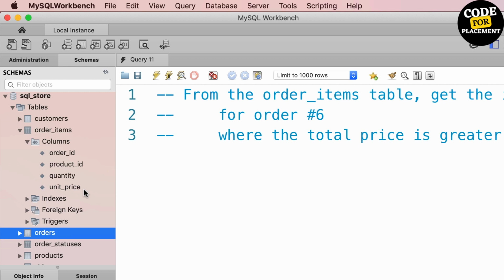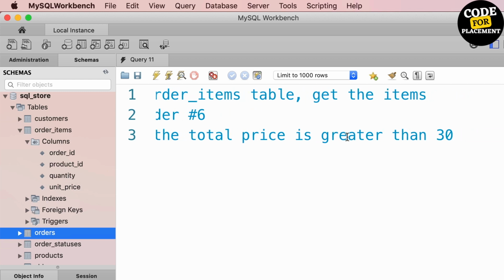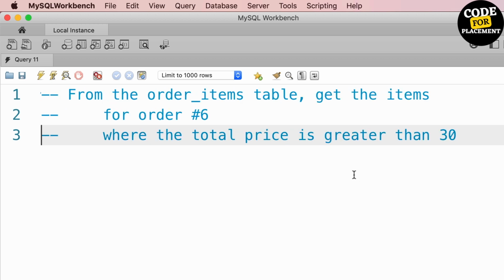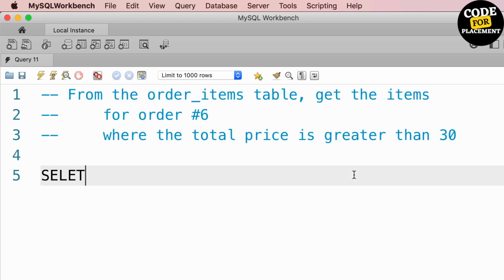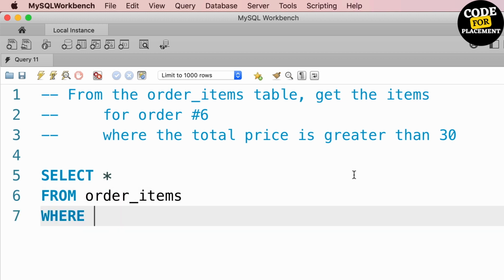In this table we have these columns: order ID, product ID, quantity and unit price. If we multiply the quantity by the unit price, we can get the total cost of that item, and then we can compare it with 30.